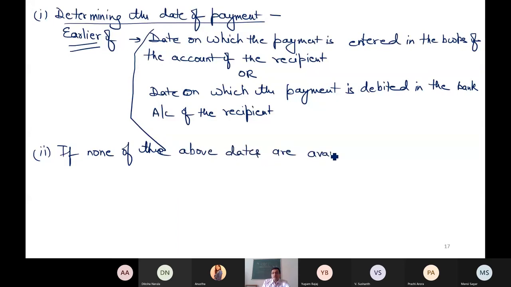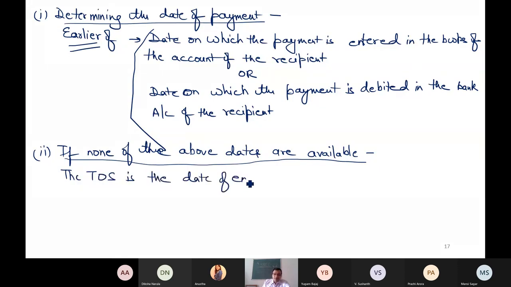In that case, the time of supply is the date of entry in the books of account of the recipient.